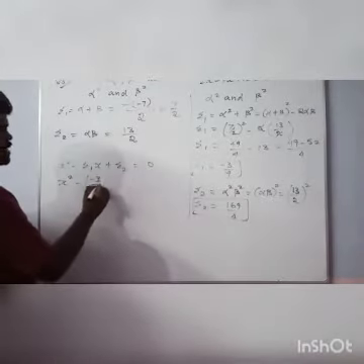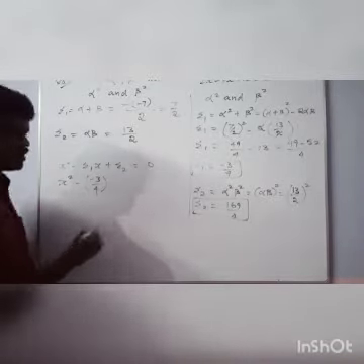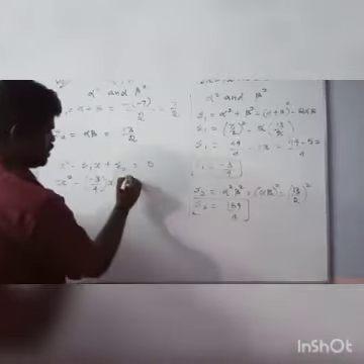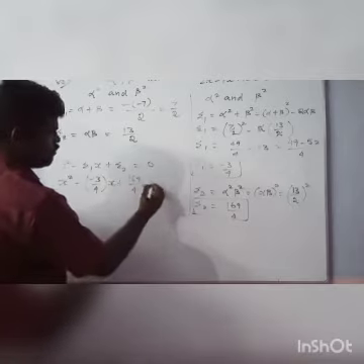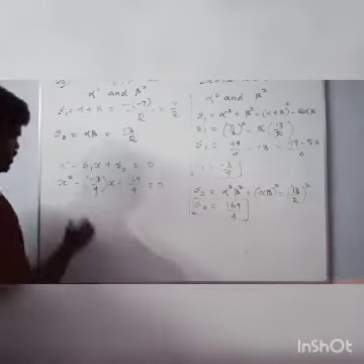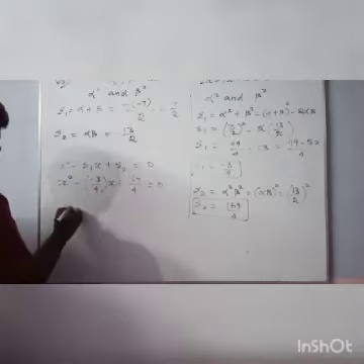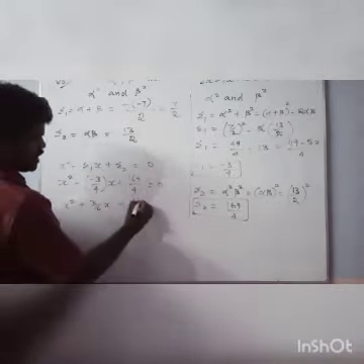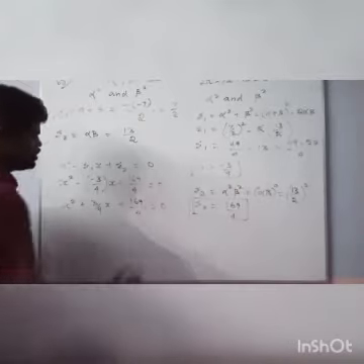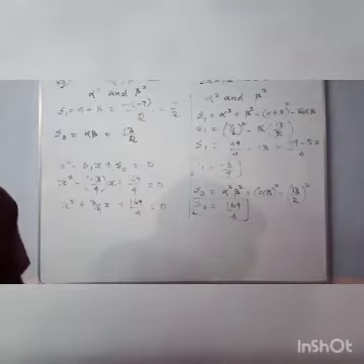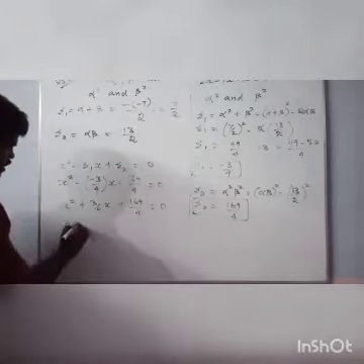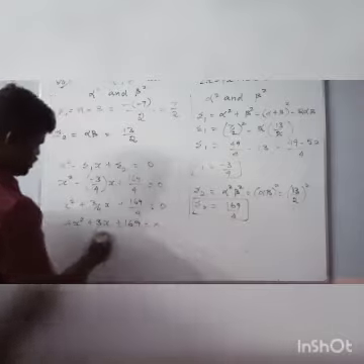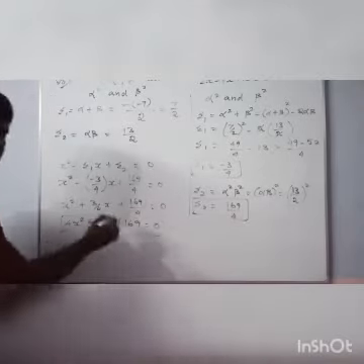Minus of minus 3 by 4, this is summation 1, into x plus summation 2 means 169 divided by 4 equal to 0. The required equation is x square plus 3 by 4 x plus 169 divided by 4 equal to 0. Now multiply 4 on both sides. 4x square plus 3x plus 169 equal to 0, which is the required equation.